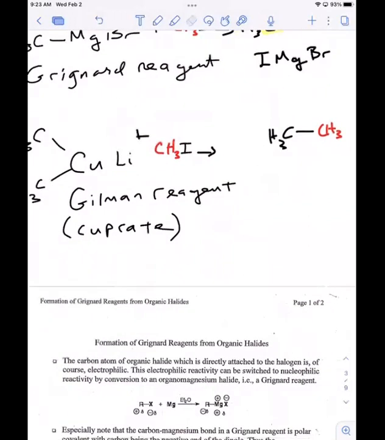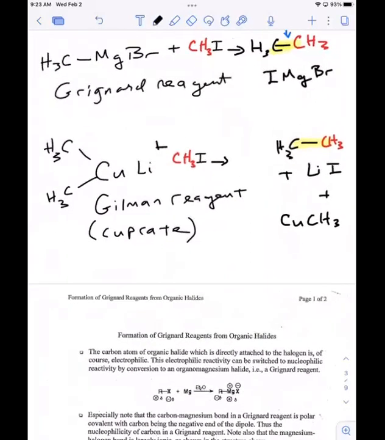All right, so that's the main product, new carbon-carbon bond right here. And then what's left over is the cuprate itself. So that's going to be that plus lithium iodide plus this copper species. Right, and if you notice here, only one of those groups got transferred to make that new carbon-carbon bond.